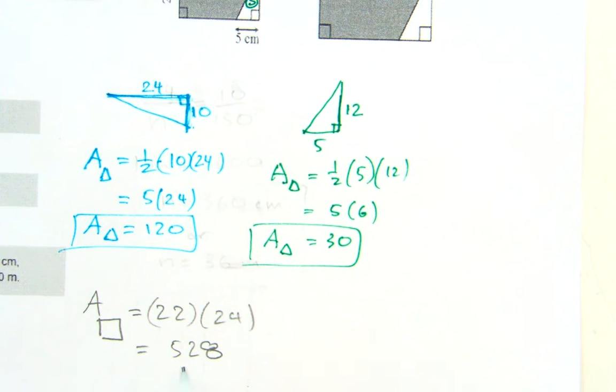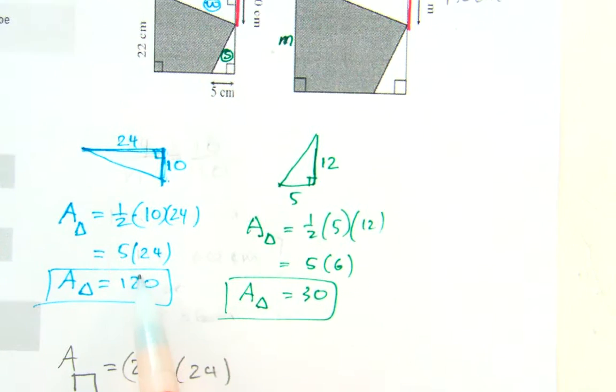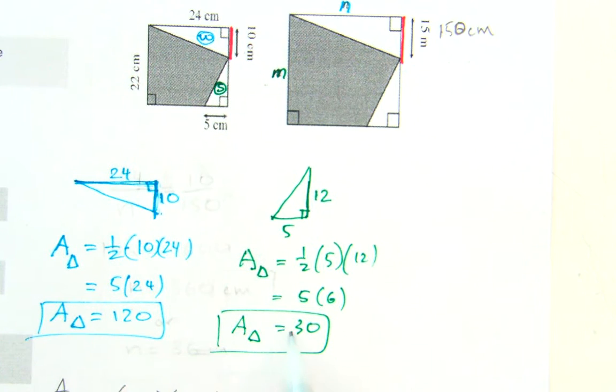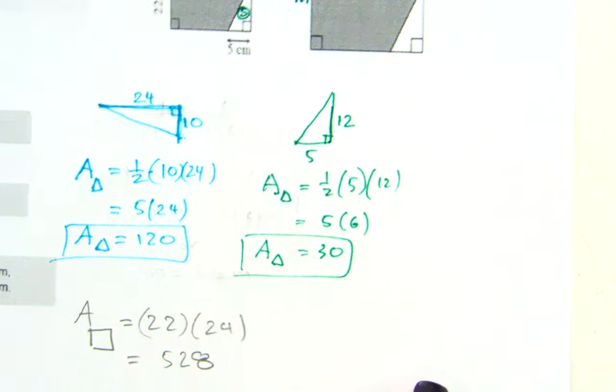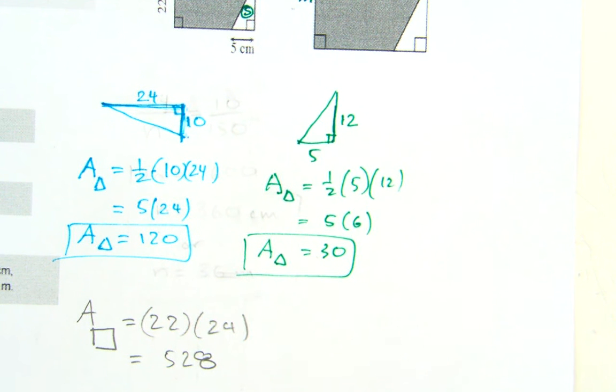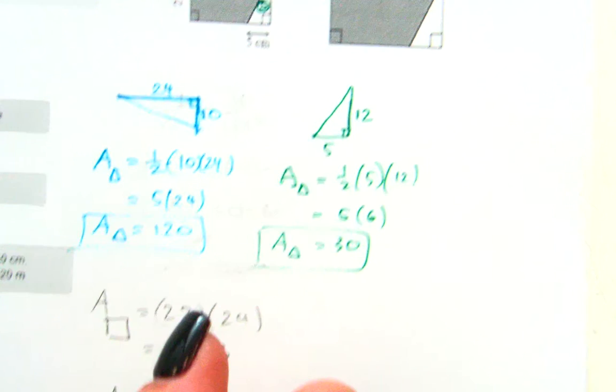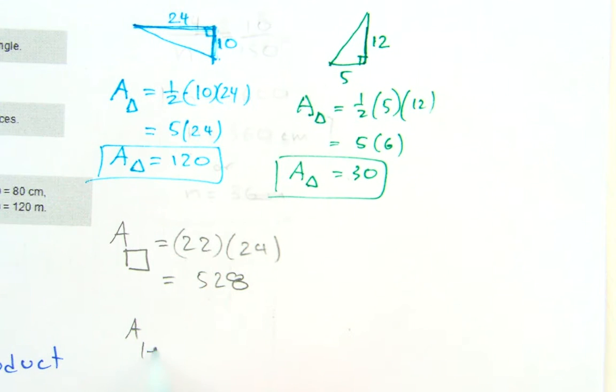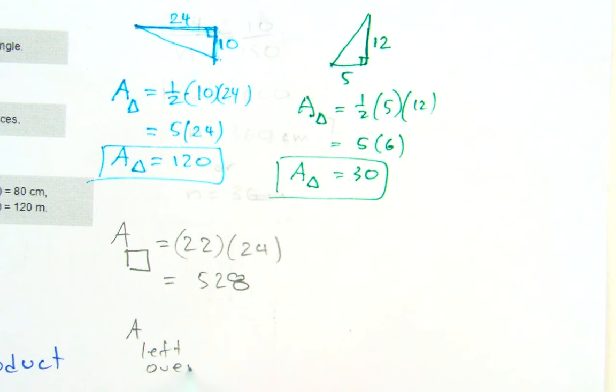So area 528 minus the area of the blue triangle minus the area of the green triangle. 528 minus 120 minus 30 should give you the area of what's left over. Should give you 378. Is that right?